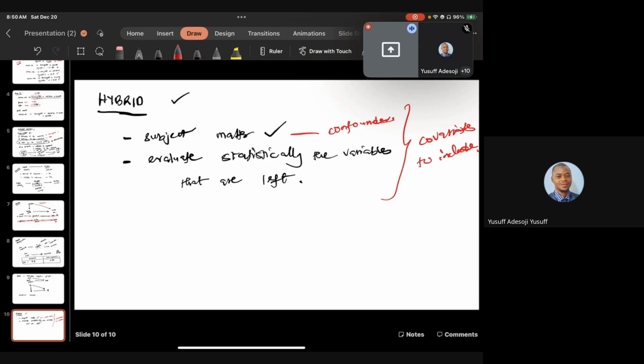So if you think that something might be a confounder, you should already collect that data from the beginning. Okay, so if you don't have the variables, there's nothing you can do, right? But if you have the variables, you should evaluate each of them as a possible confounder. Okay, so good point that you raised. Thank you.